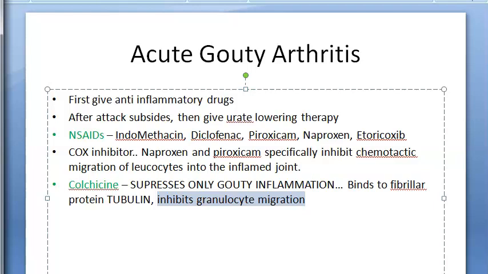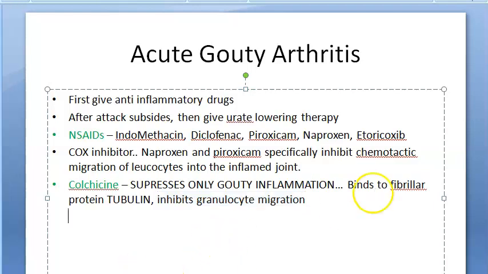This is also antimitotic. It causes metaphase arrest. Okay, it is antimitotic. It causes metaphase arrest by binding to microtubules of mitotic spindles. In metaphase, everything will be in the middle.